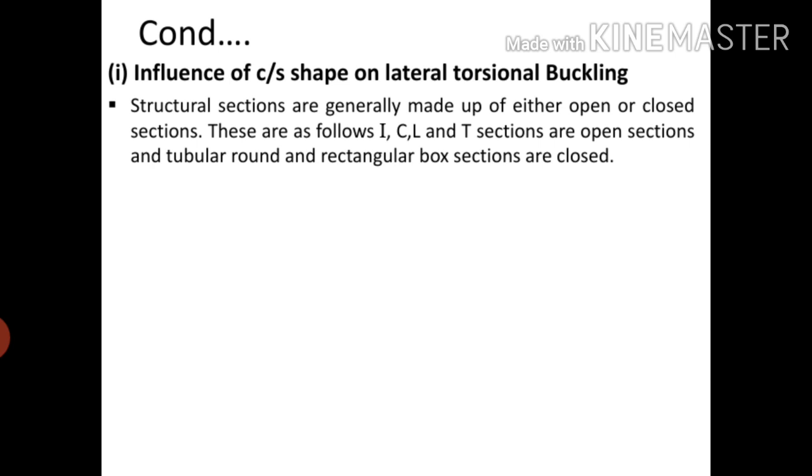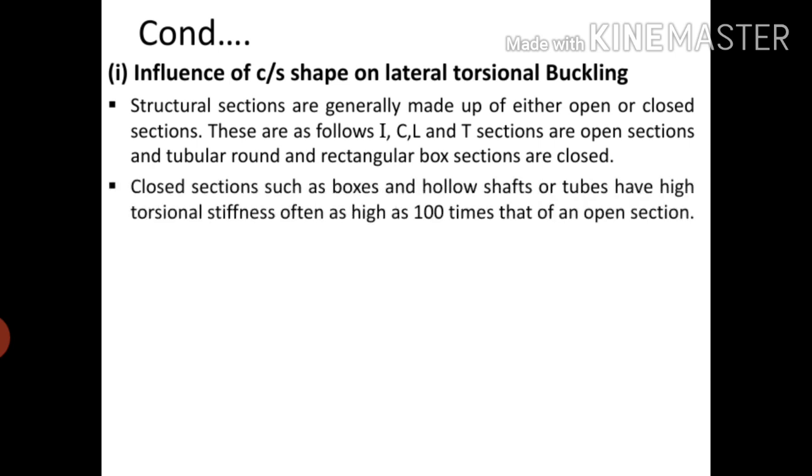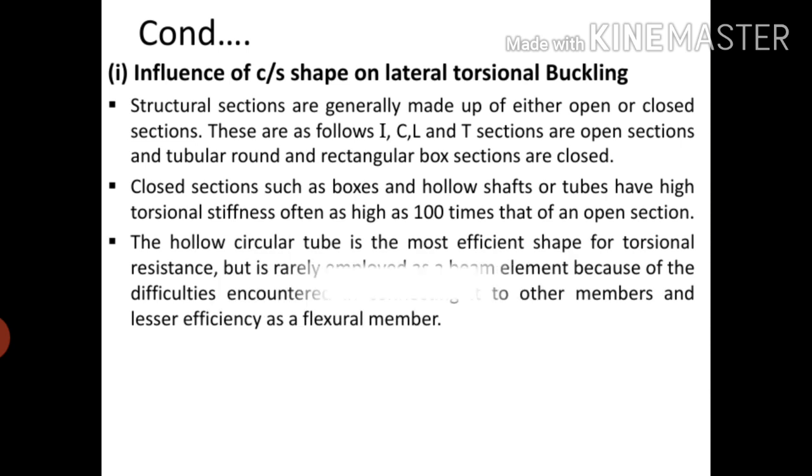are closed sections. So when you compare closed sections with open sections, closed sections such as the boxes and hollow shafts or tubes have a very high torsional stiffness, often as high as 100 times that of open sections.